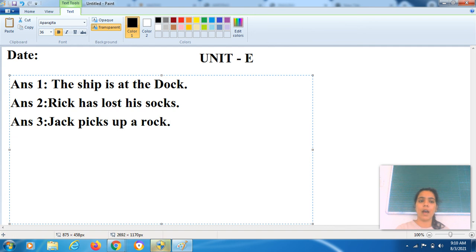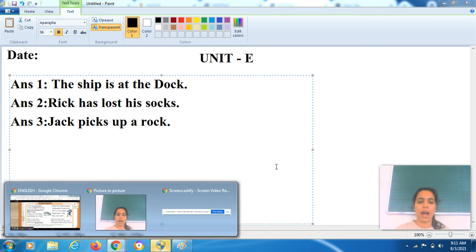So put a full stop after completing your sentence. I am repeating one more time. Jack, J-A-C-K, picks, P-I-C-K-S, up, U-P, a rock. Okay, you can see your answer from here and then write it in your notebook.